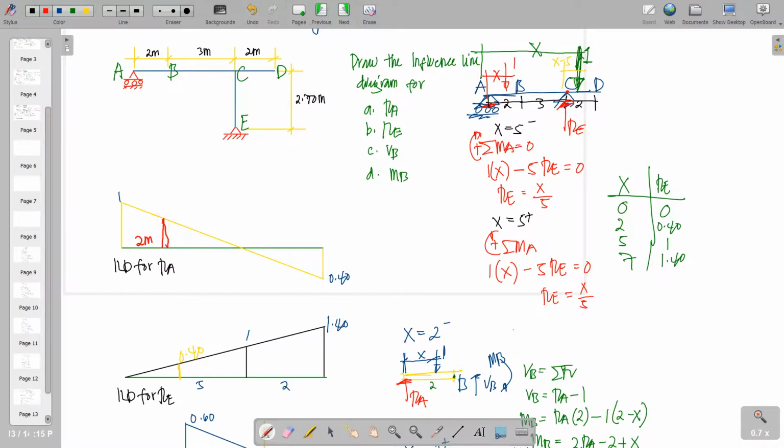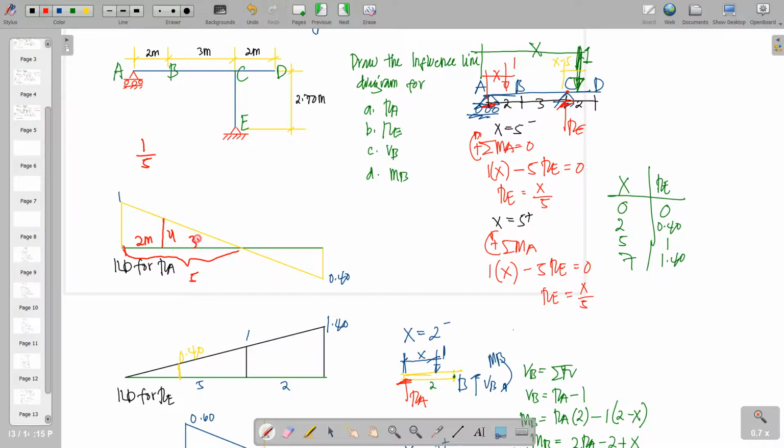Perhaps we can use ratio and proportion. Say this base is 5, the bigger triangle versus the smaller triangle.